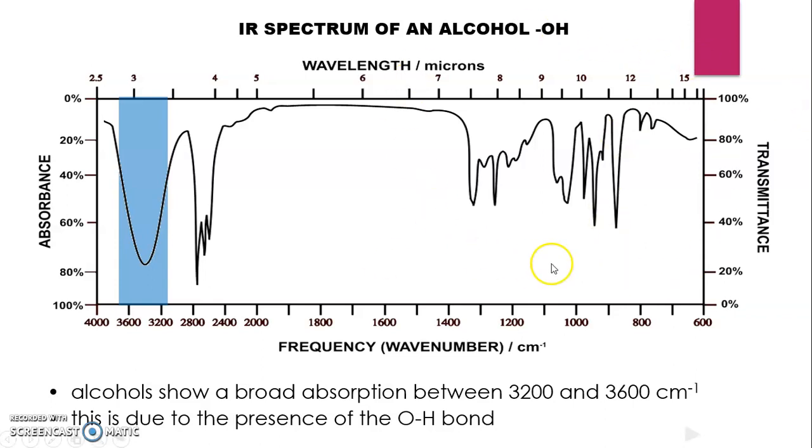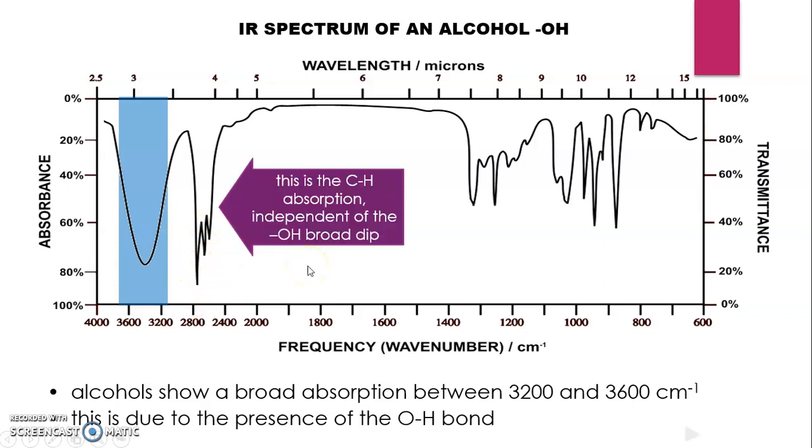Now let's look at an alcohol. Again, the fingerprint region we don't really have to pay attention to, but here the alcohol has an extra absorption at a higher end that is due to the hydroxyl group, the OH bond. And that's really high, that's above 3200. And you notice that next to it there is also an independent, relatively strong absorption that's around 2800.